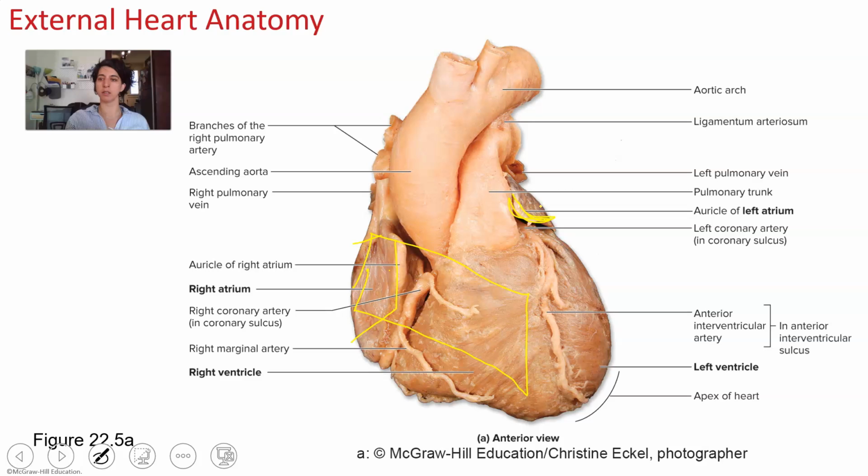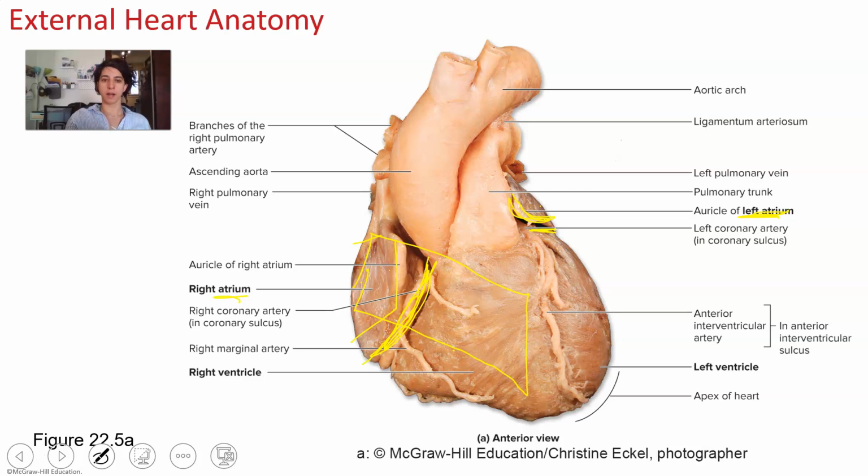We only see a little bit of this one, and that should tell you this is the left one and this is the right one, right? And then you have this deep groove in between your right atrium and your right ventricle. That is your coronary sulcus. And you should be able to realize that this coronary sulcus is going to go all the way around the heart to the left side, all right? And you should be able to find it there.